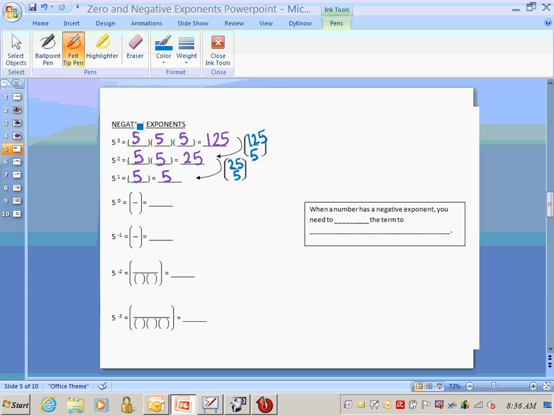So if we're going down, if I started at the top, I would actually be dividing by 5 every time. Does everybody see that? So the next number, 5 to the 0 power, should be 5 divided by 1 less 5, right? 5 divided by 5 is 1. That's why everything to the 0 power is 1.